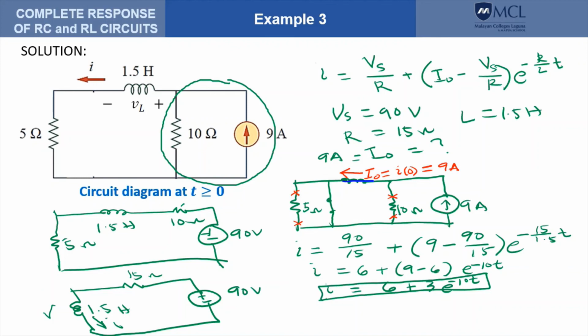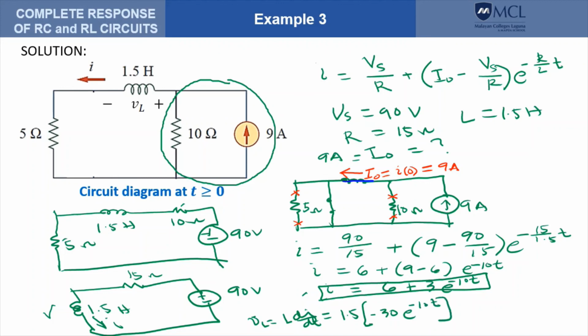Now for the voltage across the inductor, that should be L di dt, and that should give us 1.5 times the derivative of this current, which is minus 30 e to the minus 10t.